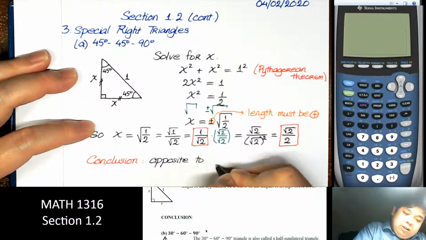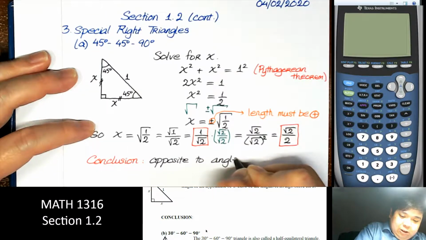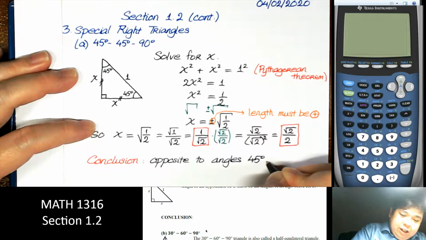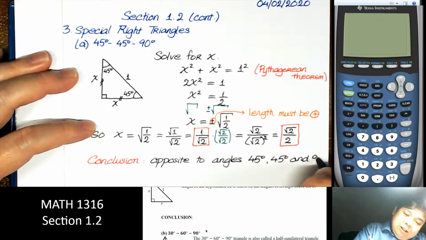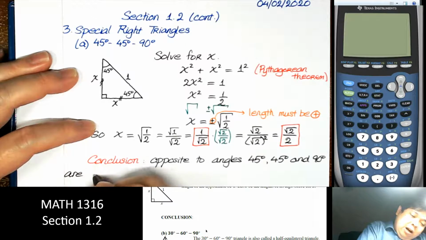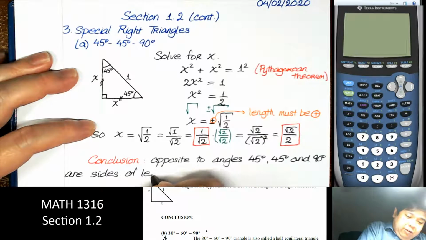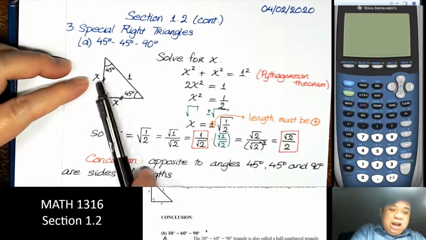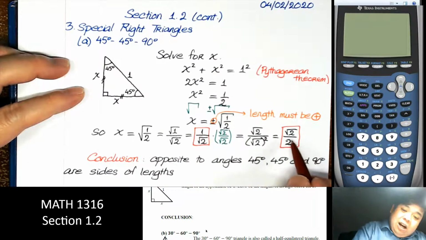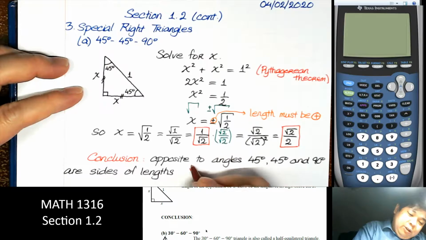I'm going to use the square root of 2 over 2.